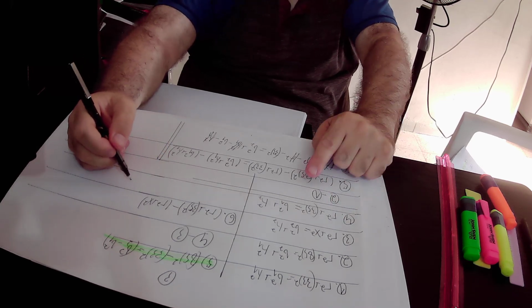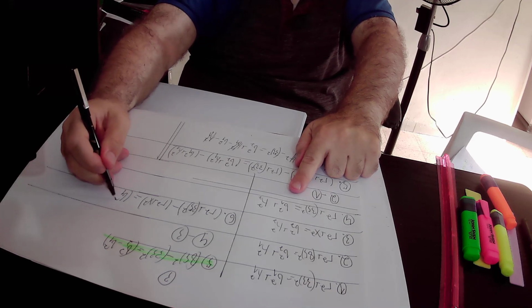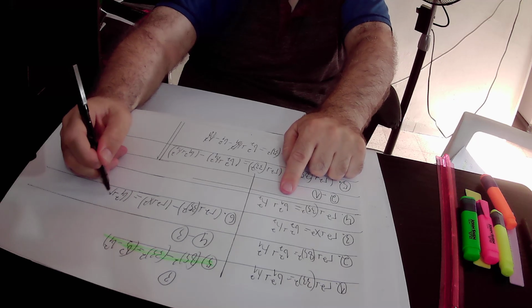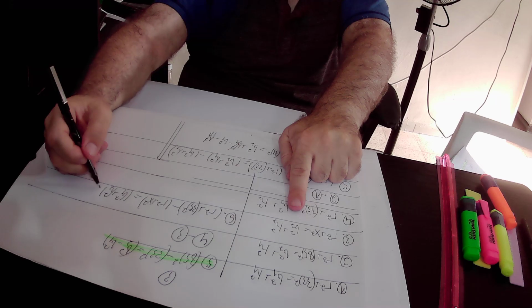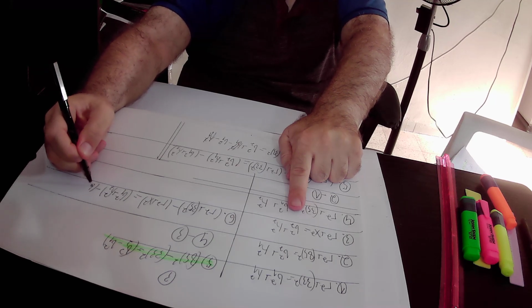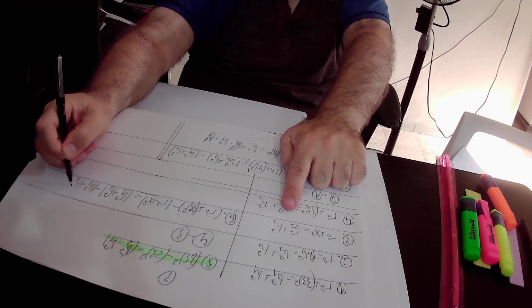On the other side of equation number 4 we have b1 square plus h2 square, minus equation number 3, we have here minus b2 square plus h2 square.